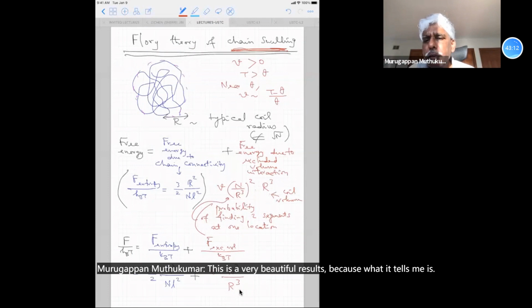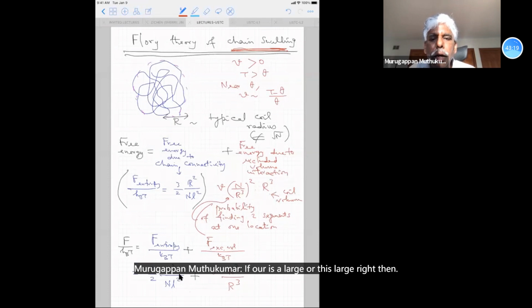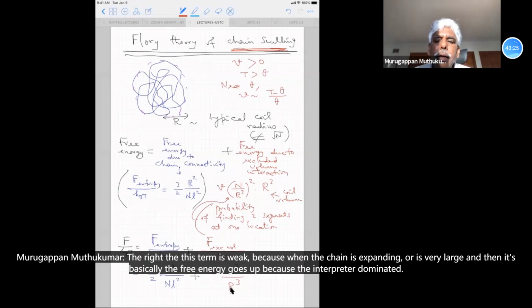This is a very beautiful result because what it tells me is if R is large, this term is weak because when the chain is expanding, R is very large, and the free energy goes up because it is entropically dominated.